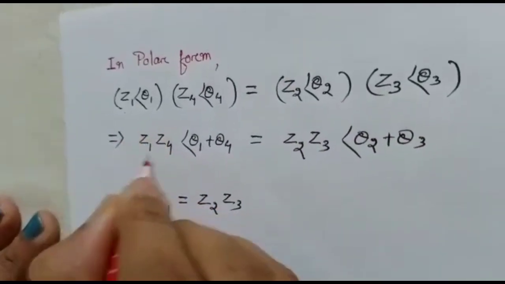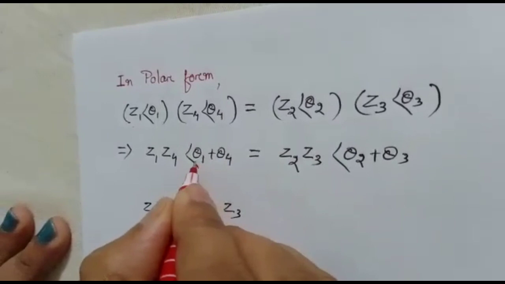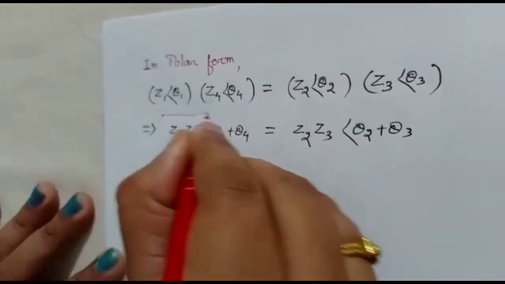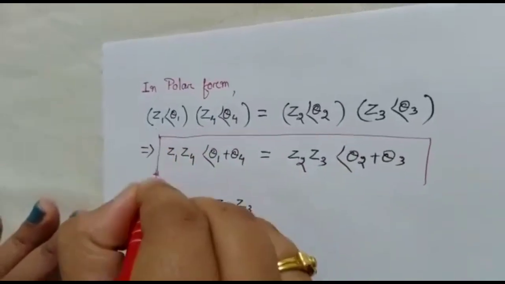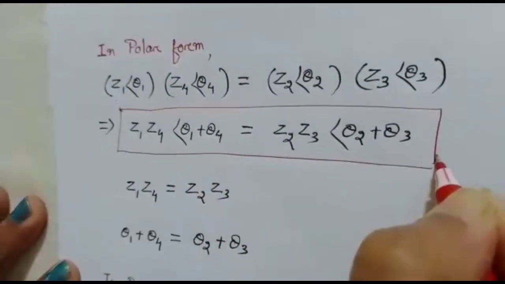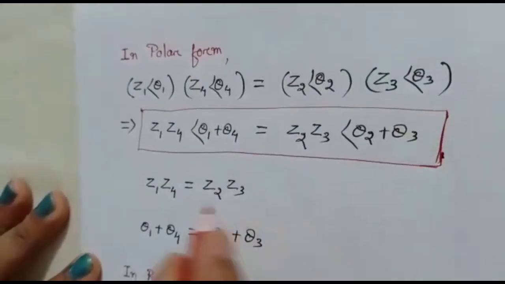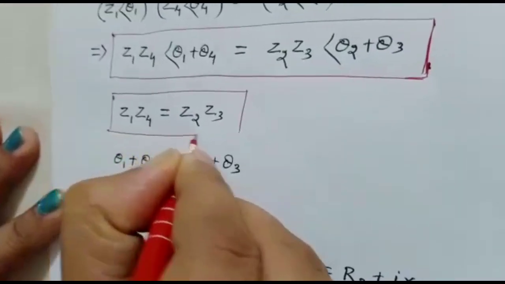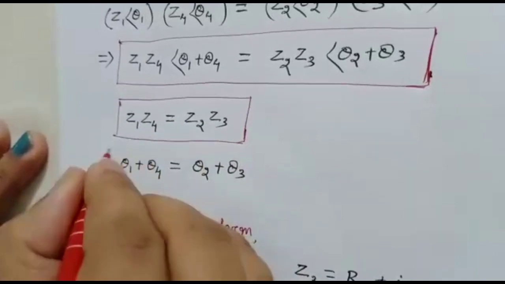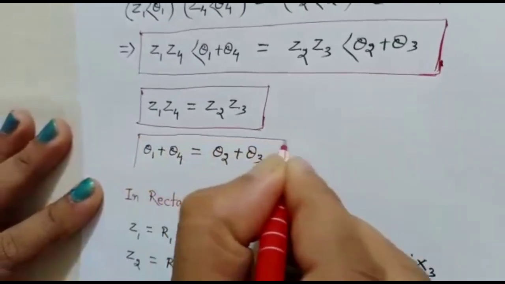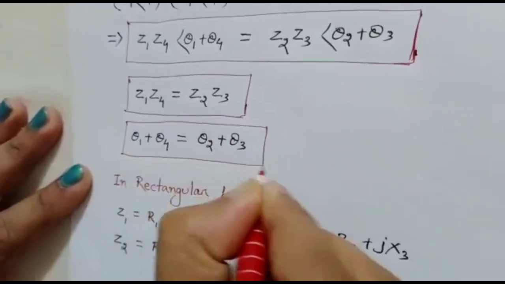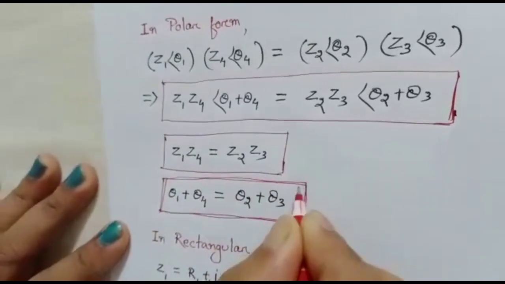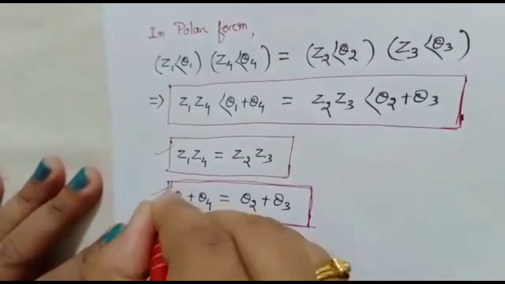We multiply the magnitudes, and for the angles we add. So in polar form we have to satisfy two conditions. The first is magnitude, Z1 Z4 is equal to Z2 Z3, and the second is that the angles must also be equal. If both conditions are satisfied, then the bridge is balanced.